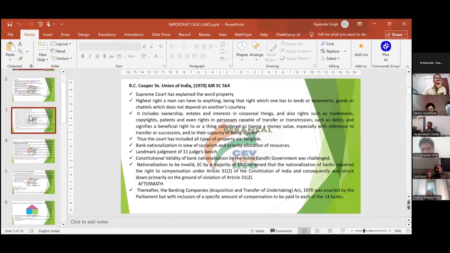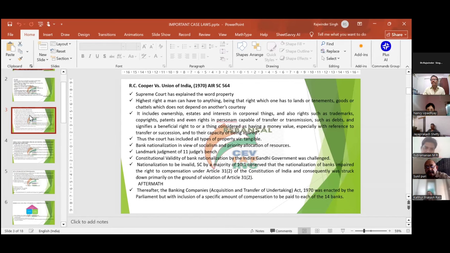First case law is R.C. Cooper versus Union of India. It is a very important case law. It was in this case that the Supreme Court explained the word property. So what does it mean as far as property is concerned from a legal point of view?